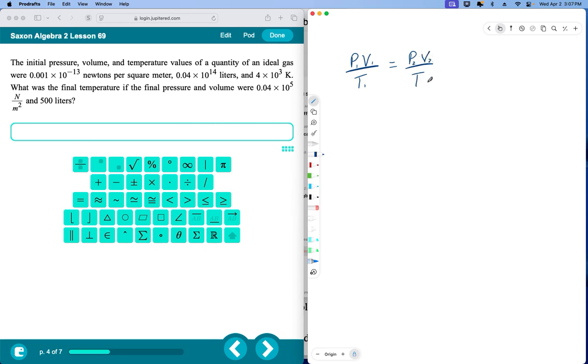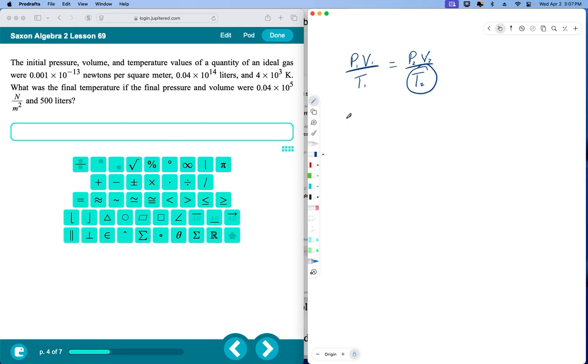So final, final, final, P2, V2, T2. Okay, the initial pressure, volume, and temperature of a quantity of ideal gas were these, and these, and these. What was the final temperature? Again, we're looking for temperature. So this is going to be the one that we're looking for, the final temperature.